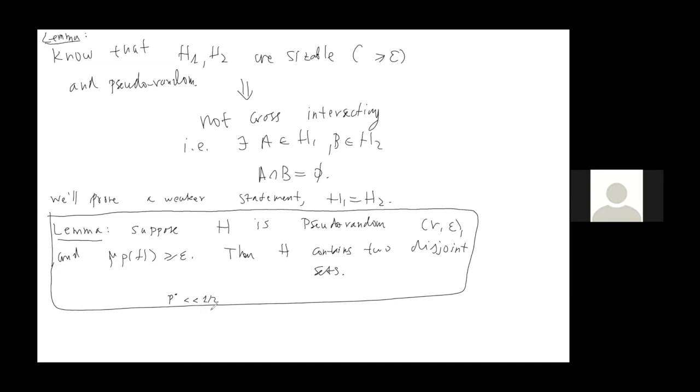That's something that we need for the proof that I'm going to show you to work. So let's say for concreteness that p naught is a quarter, but you need a little bit of distance from half. That's all you need.